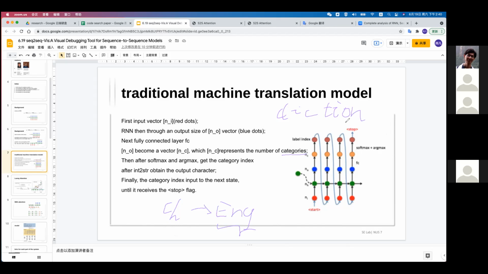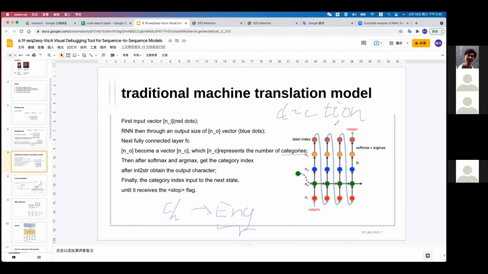Maybe I can complement some of Yufan's idea. Basically, there's a fully connected network, right? And a fully connected network usually has a softmax layer. As in Yufan's picture, suppose we have a vocabulary of English.